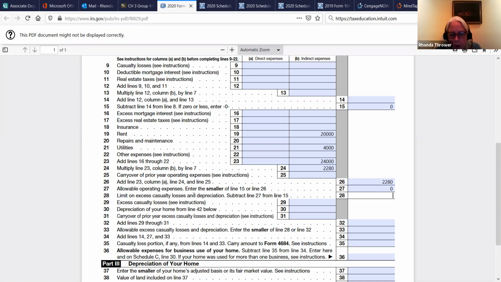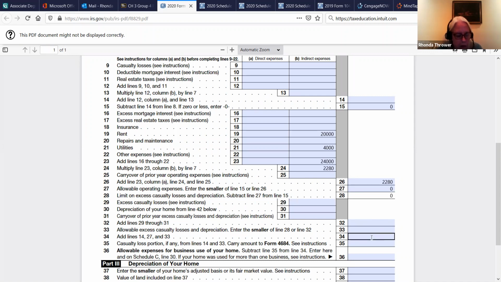Okay. When you subtract 27 from 15, that gives you 0 here. And then we didn't depreciate our home, which you could have, but they didn't. And I guess they'll tell us about that when we get to the chapter on depreciation.